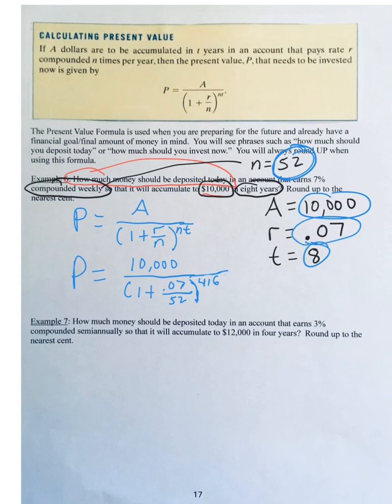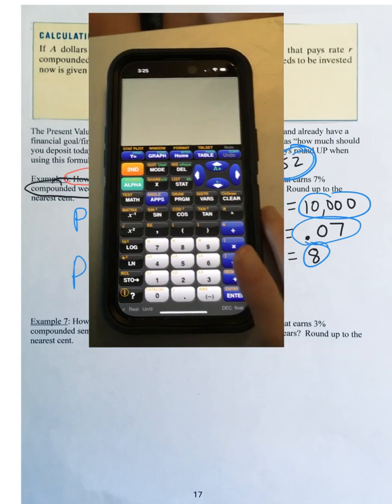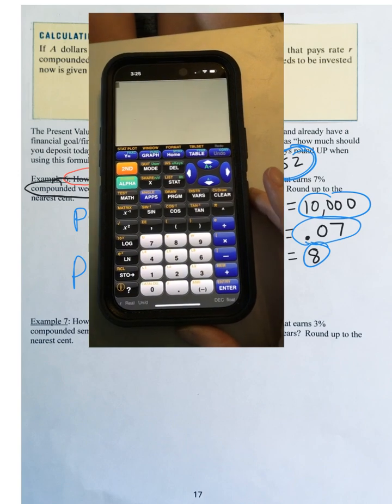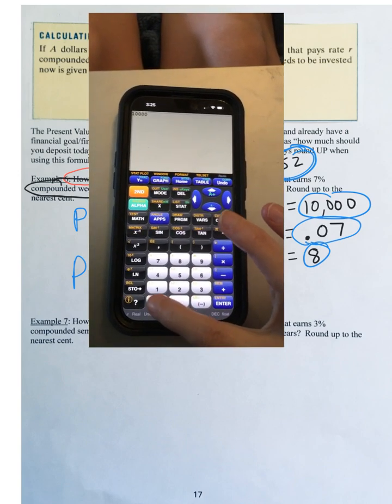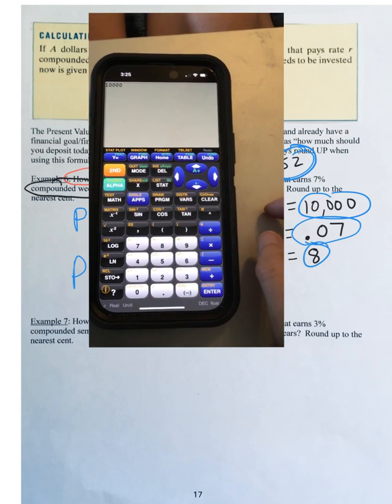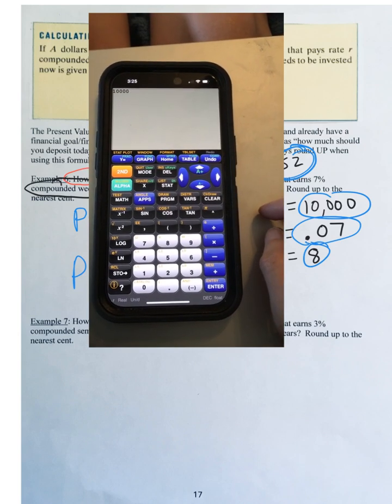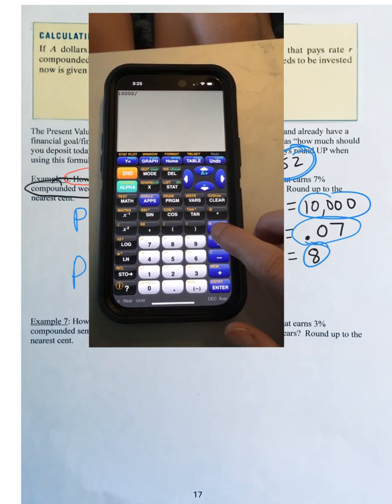Now we're ready to punch that right side, that mess as is, into our graphing calculator. So typing this into the calculator, we have the 10,000 on the top of that fraction, and then the fraction bar just means division, so I'm going to use the normal division button there.